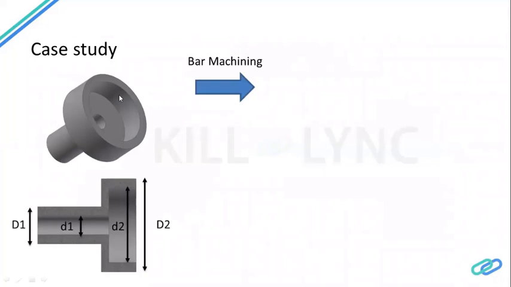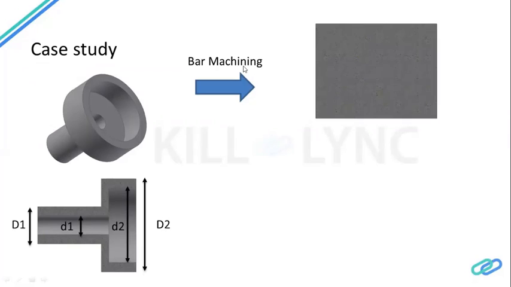Now, the first, very simple option is bar machining. What I mean by bar machining is you take a cylindrical rod or a bar. I have shown the cross section of that. So you have a circular bar, which could be made of any material, depending upon the part; it could be metal, steel, or stainless steel.